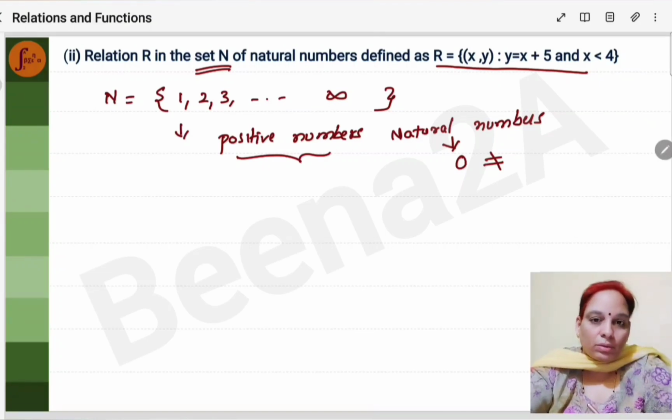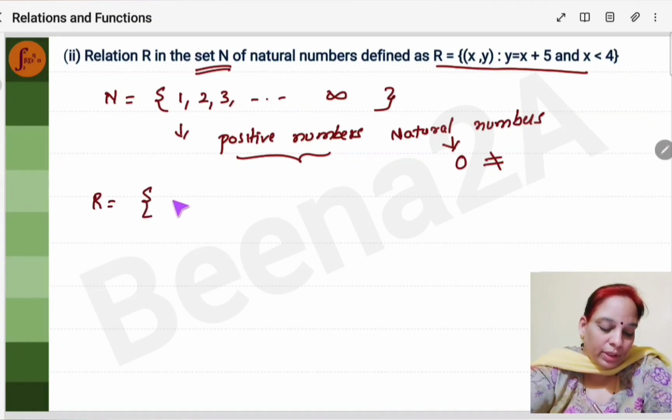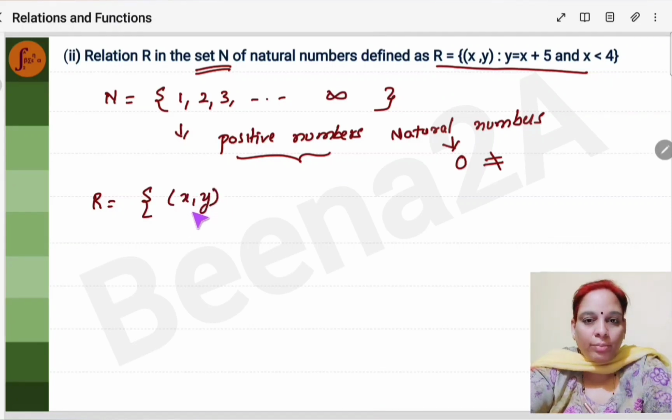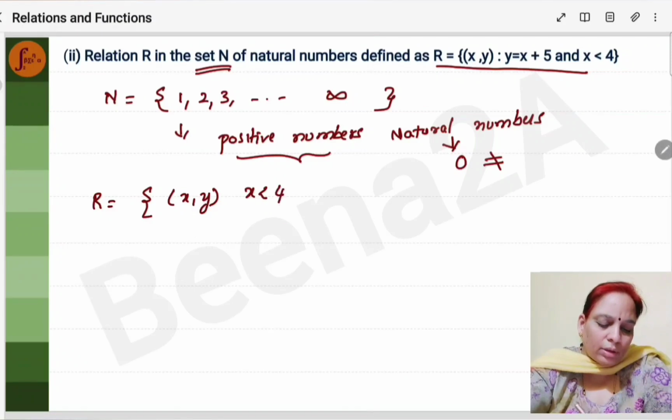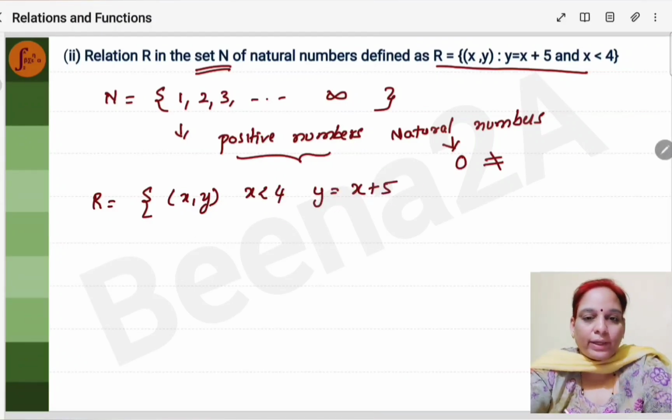Okay? So, now this is the set. Now, what is the relation given here? The relation is ordered pairs (x, y) where x is less than 4 and y is equal to x plus 5.